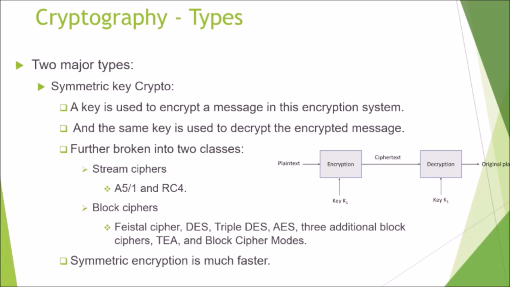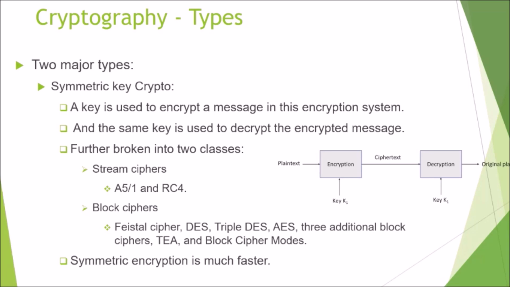Symmetric key cryptography is further broken down into two classes: stream ciphers and block ciphers. AES and RC4 are two examples of stream cipher algorithms. The discovery of the key is the sole way to decrypt a symmetric cipher. If the key is unknown, there are approximately 2 to the power of 128 possible decryption combinations for a 128-bit key.